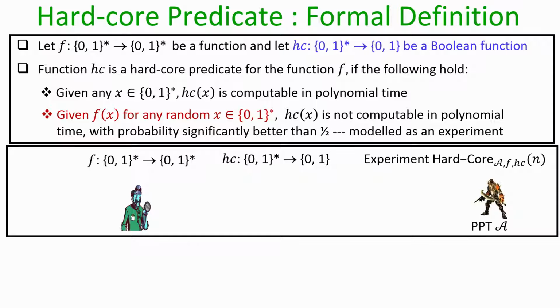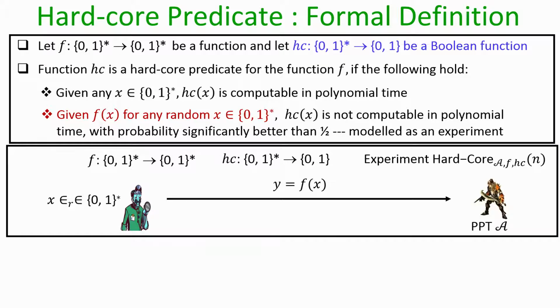The experiment involves two entities. The rule of the experiment is as follows: the verifier here picks a random x from the domain, computes the value of the function on that input x, and the corresponding output y is given as a challenge to the adversary.